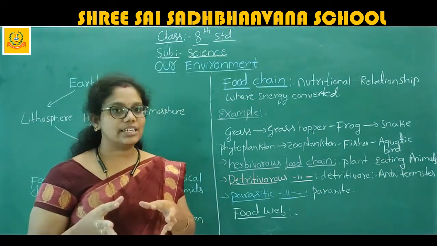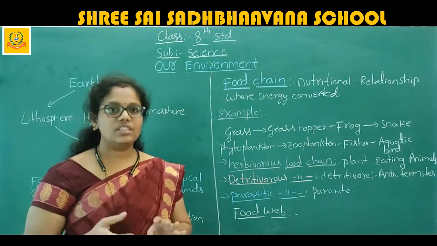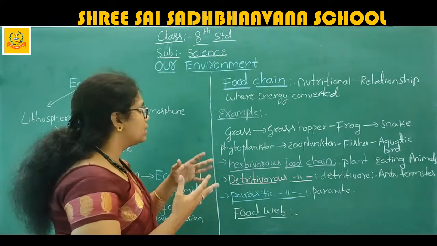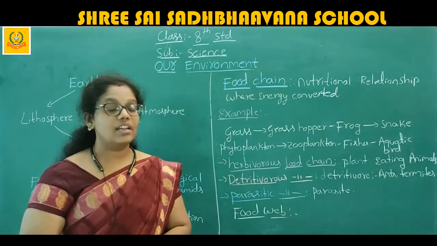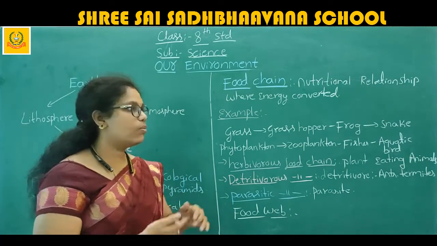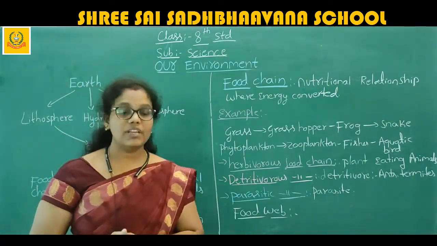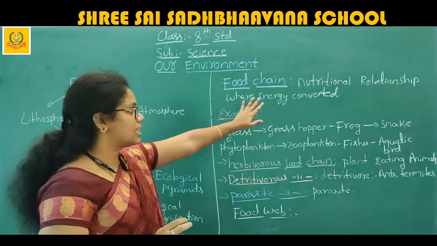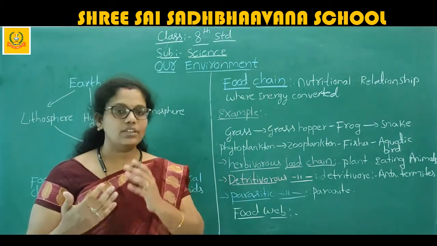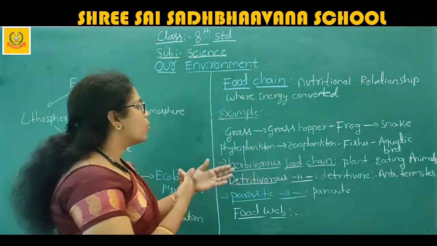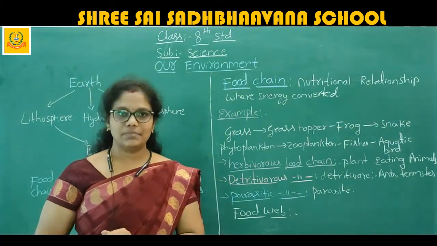The nutrition relationship between one organism and another organism, in which the energy is converted. In the form of energy, the nutrient is transferred from one organism to another organism.